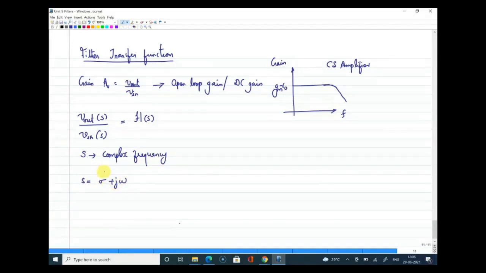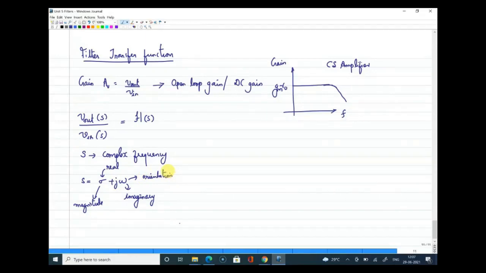That means there is a real part and an imaginary part. The real part is the magnitude. The imaginary part shows the orientation of the signal, how it rotates.